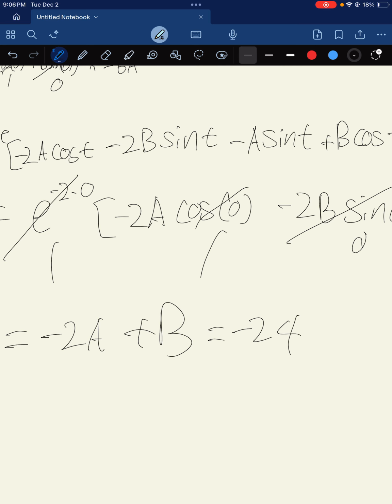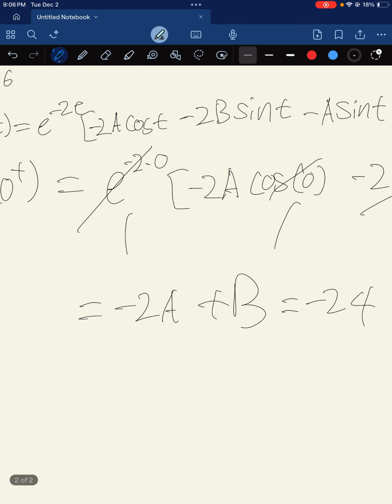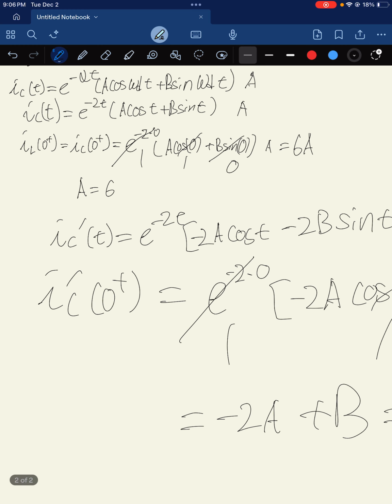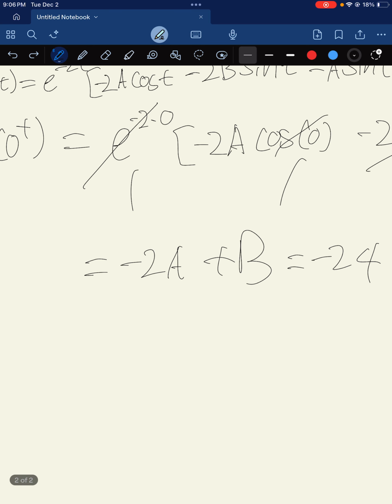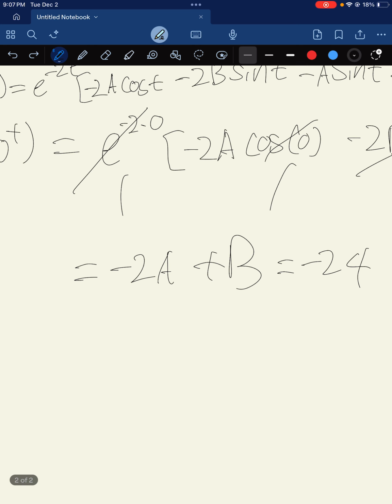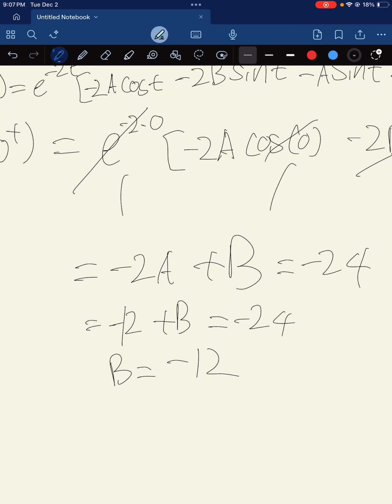We also found that a is 6. So we're going to get negative 12 plus b is equal to negative 24. B is equal to negative 12.